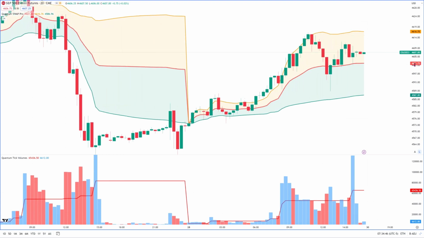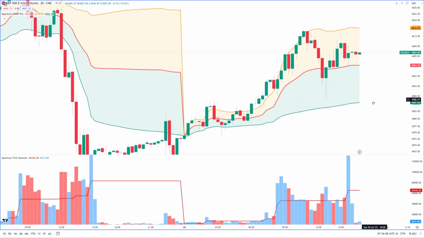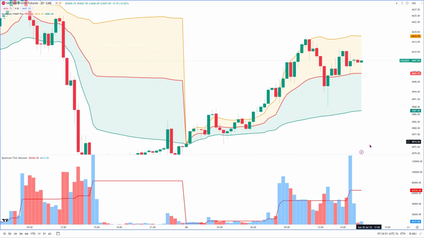And as you can see here, other than that, we're on the 20-minute time frame. The center line is the VWAP itself, the volume weighted average price. And clearly we're in quite a strong uptrend and were for much of the day. The outer envelope here is our one standard deviation to the upside, and we've got the same to the downside.